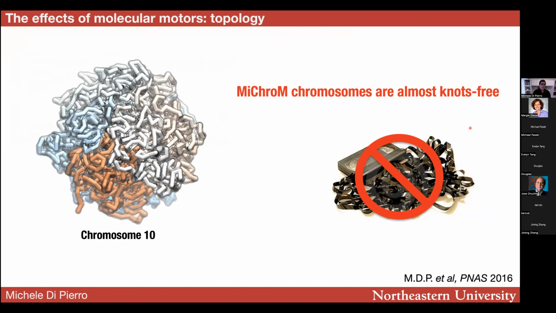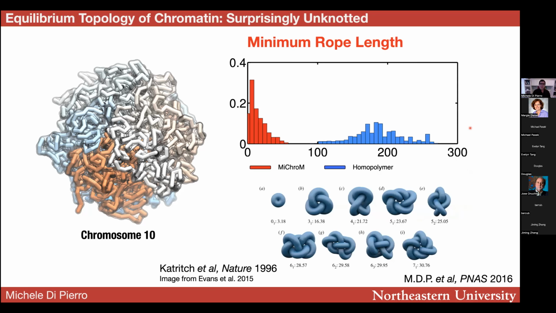That was a design requirement, but it wasn't clear how this absence of knots was achieved. So we looked into our structures, and we observed that the structures coming from the minimal chromatin model have a lot fewer knots than a homopolymer of a similar length, which you can see here in the two distributions in blue and red.